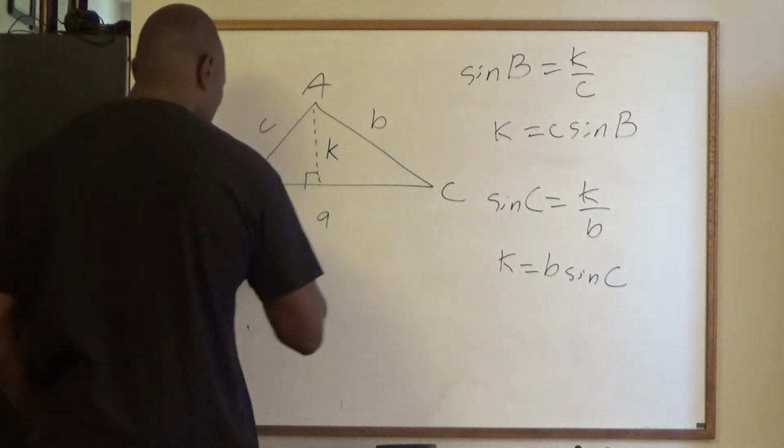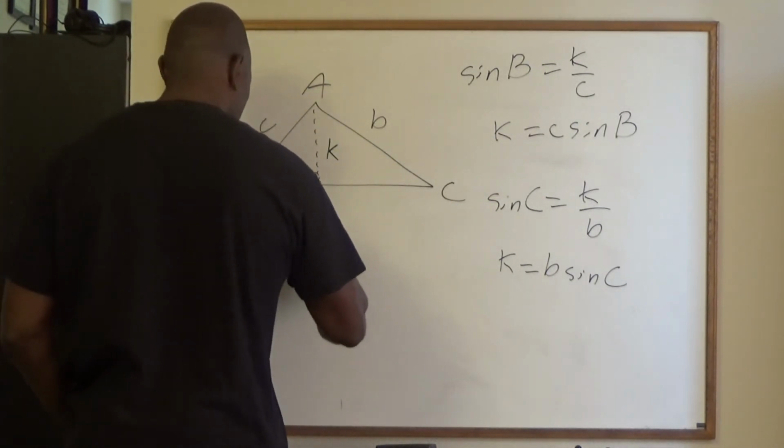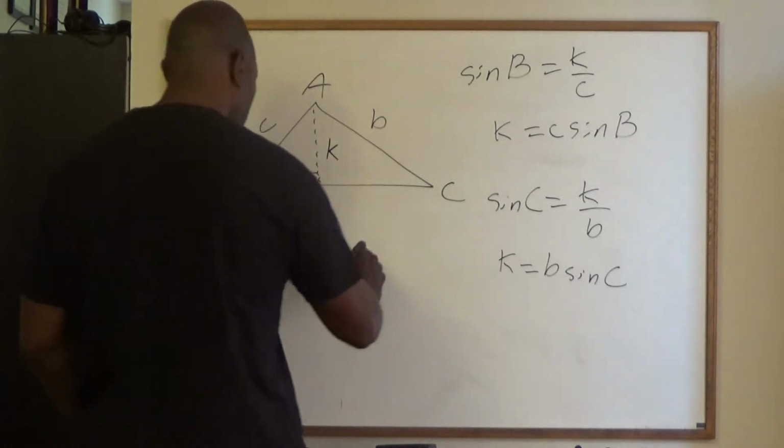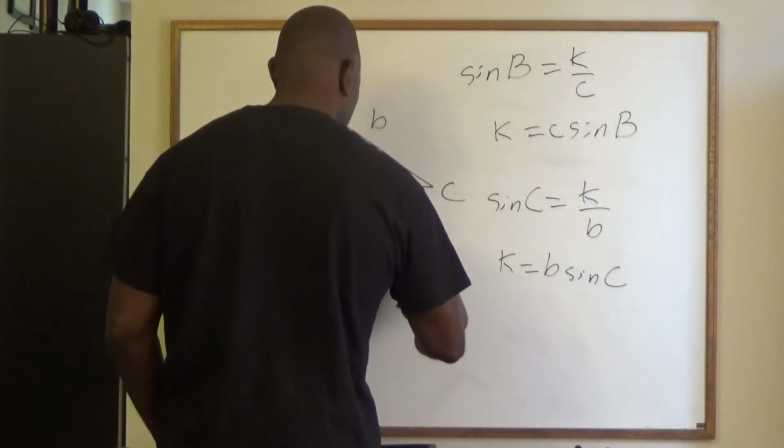So that means that c times the sine of B must equal b times the sine of C.